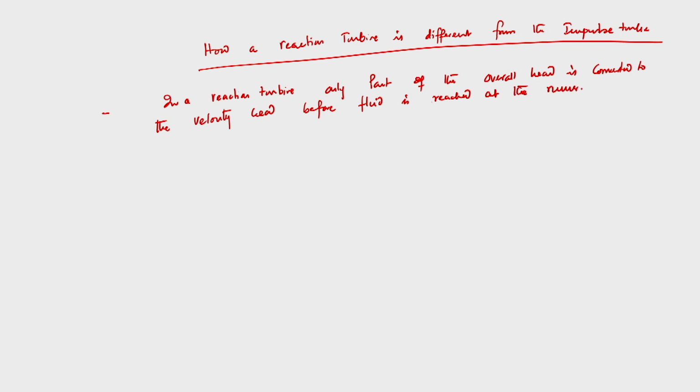So before the fluid reaches the runner, only a part of the overall head, that is pressure head, is converted to the velocity head, but this is not true for an impulse turbine.